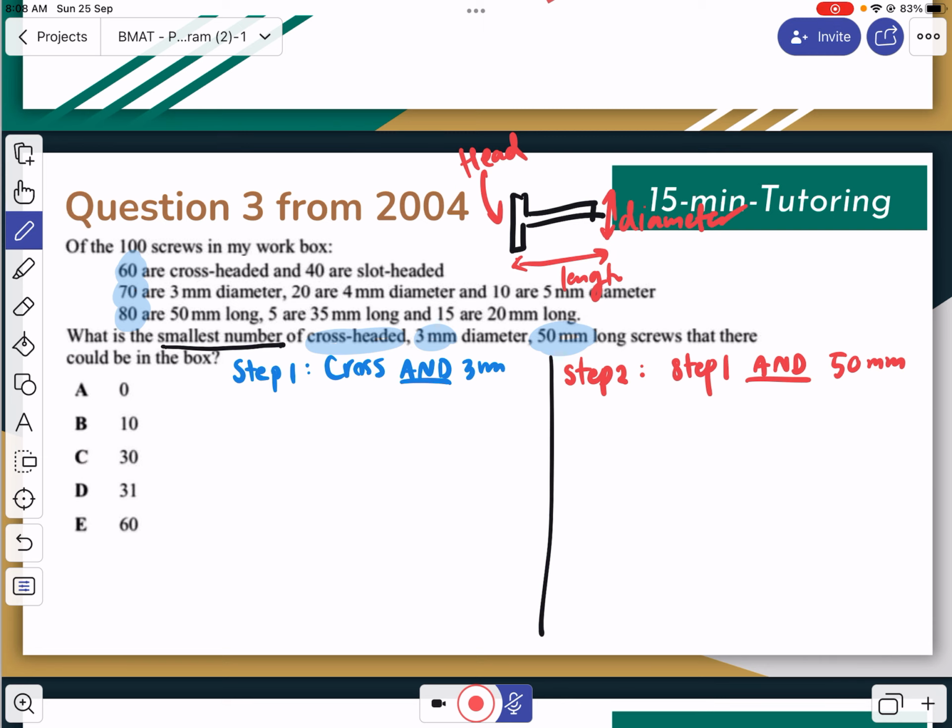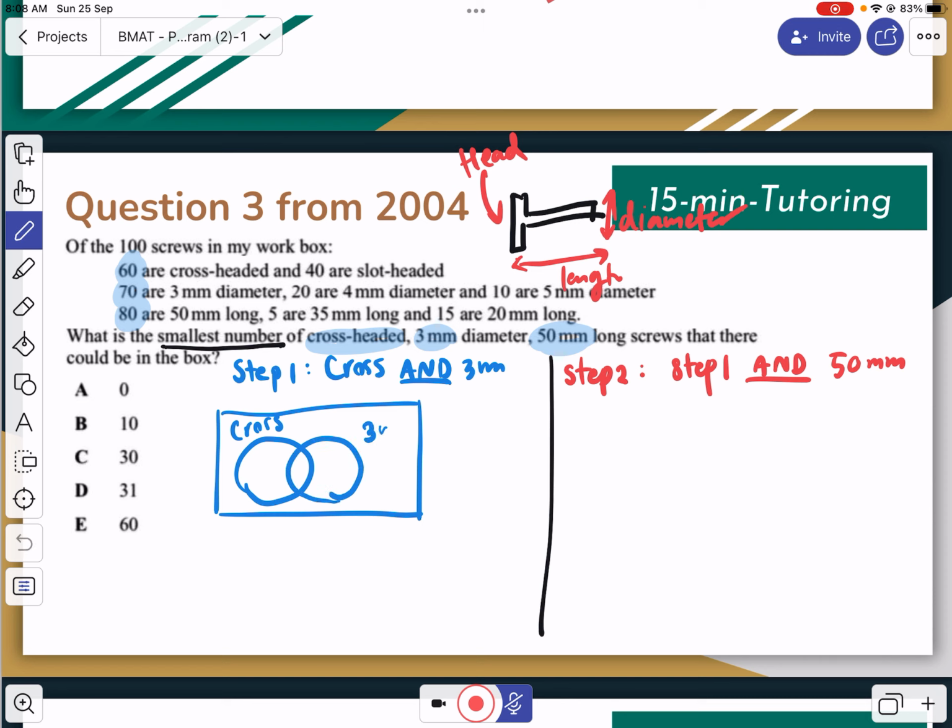Now, let's start with step 1. This is our Venn diagram. We have the cross-headed circle, and we have the 3 mm circle. Now, the screws that we are looking for are screws that fit both criteria, which means we are looking for the overlapping area, the yellow area.